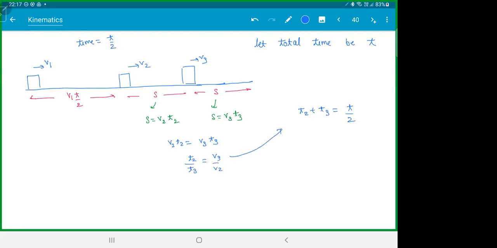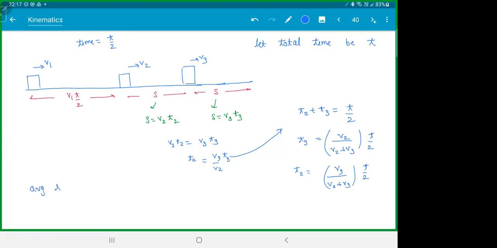I can substitute here and I end up with, take out t3 common. You get v2 by v2 plus v3 into t by 2. That is the t3 value. Similarly, t2 value will be v3 by v2 plus v3 t by 2. This is the value of t2 and t3 in terms of t.